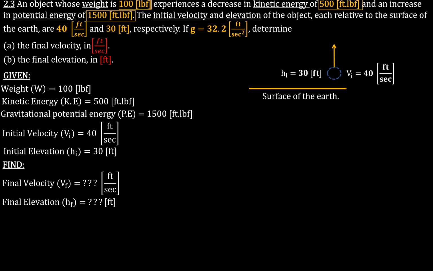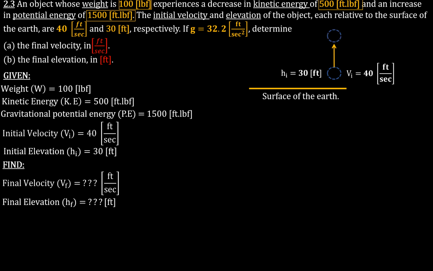So the object is losing, or in other words using, its kinetic energy to move up against gravity, and that causes a decrease in kinetic energy. From the conservation of energy, we don't have a loss; what happens is the kinetic energy is converted to potential energy as we increase in elevation.